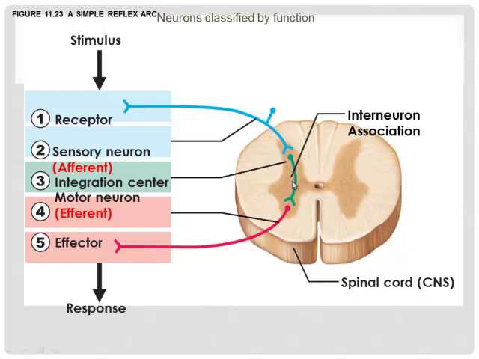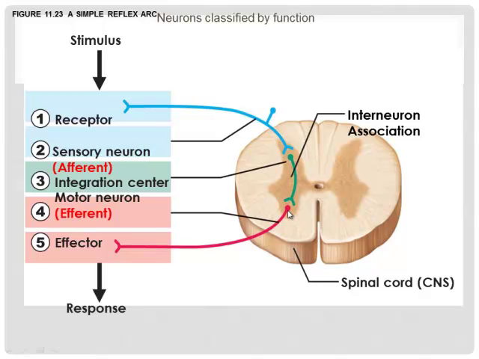and this can be at the same or different levels. When you have an interneuron, this is kind of doing that spinal arc, so it comes in and goes out very quickly. And then the last kind of neuron that you're going to have is your lower motor neuron.